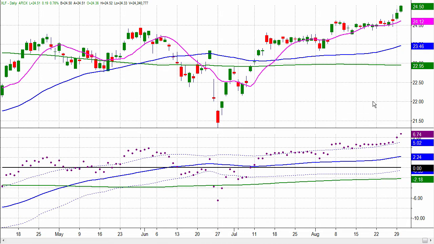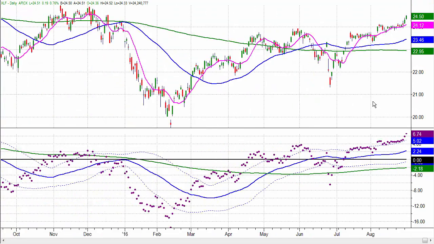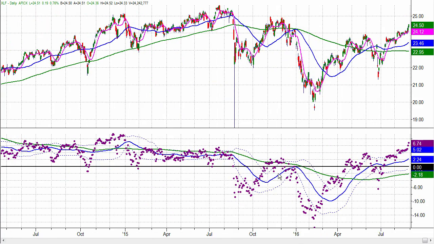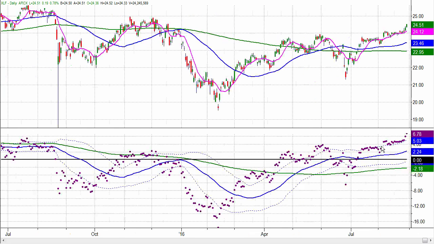Now you may remember from a couple videos ago, I took a look at the XLF versus the XLU, and in case you're wondering, down here, this is our Real Momentum indicator, and this measures momentum that you can't necessarily see in the chart.